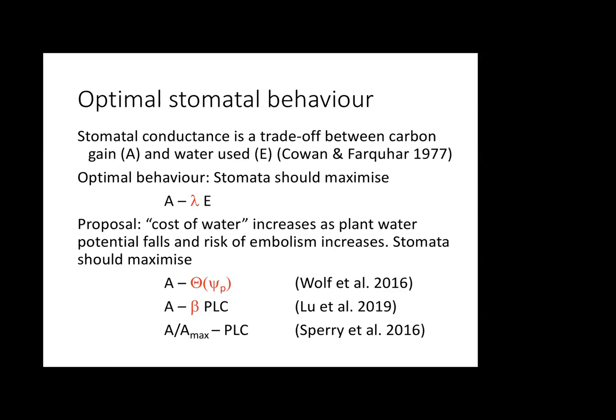And there's a parameter in there, lambda, which people have argued about for a long time. It represents the cost of water to the plant, but what does that actually mean? There's a lot of discussion in the literature about what that lambda parameter could represent. But in the last 5 years there's been a flurry of research thinking that maybe that cost of water is related to the cost of loss of hydraulic conductance.